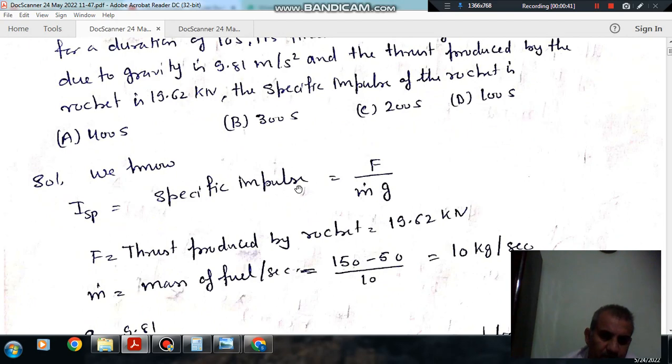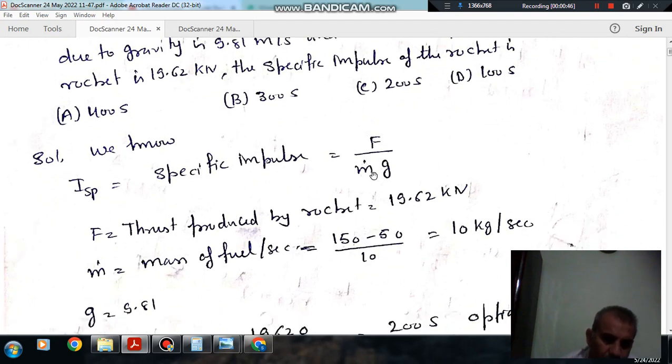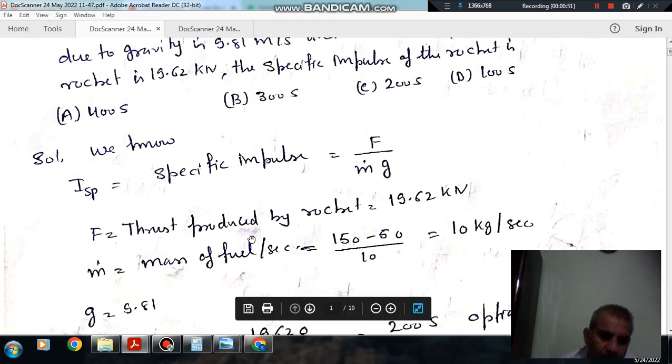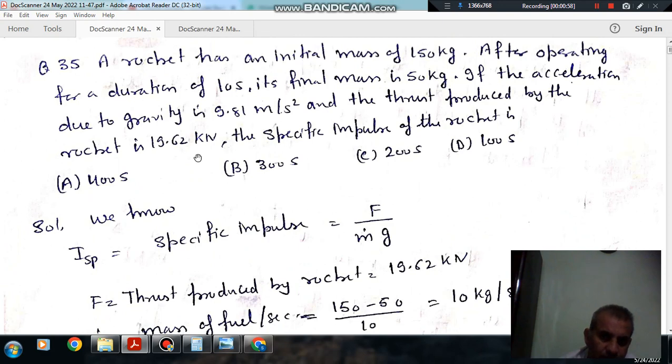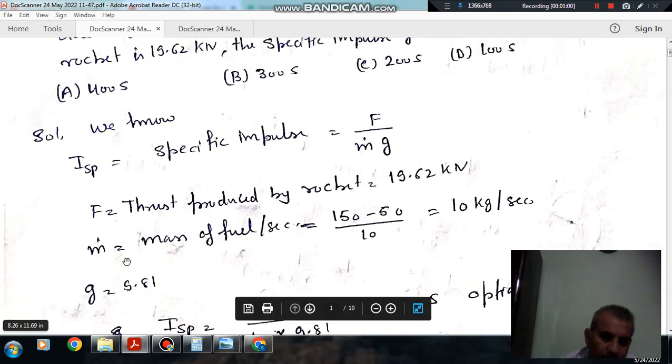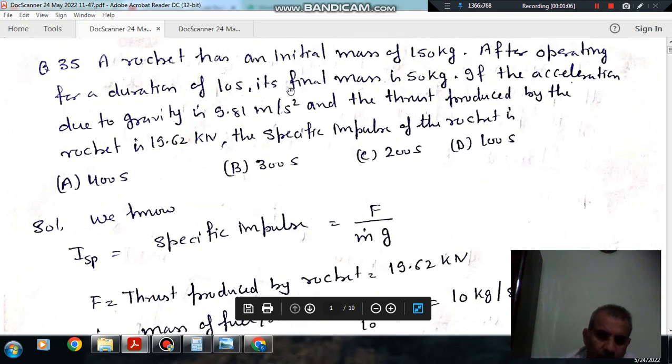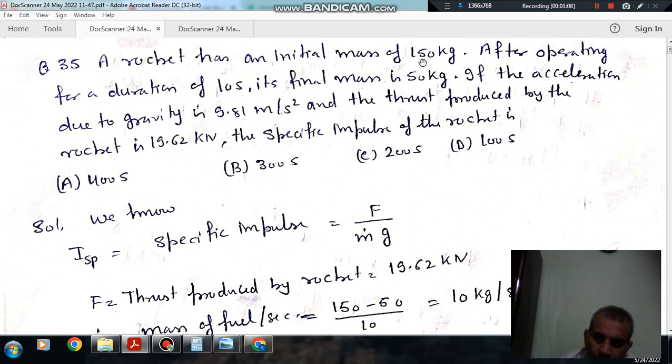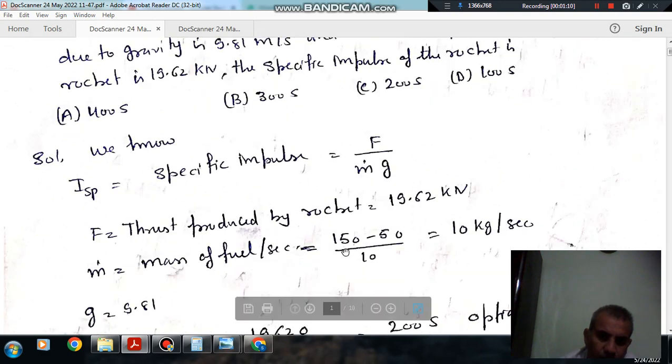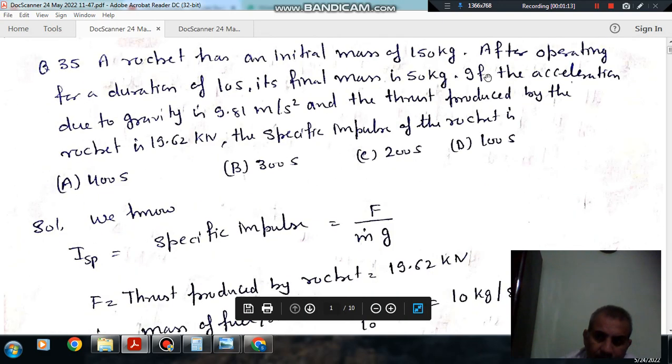So specific impulse, Isp, is F by m dot g, where m dot is mass flow rate and g is acceleration due to gravity. F, the thrust produced by the rocket, is equal to 19.62 kilonewton. And m dot, the mass of fuel per second: the initial mass is 150 and the final mass is 50, and the time for this reduction in mass is 10 seconds.